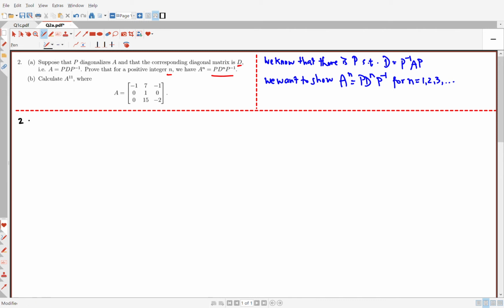So for 2a, we first prove the base case, which is when n is equal to 1. For this we want to show A is actually equal to P D P inverse.